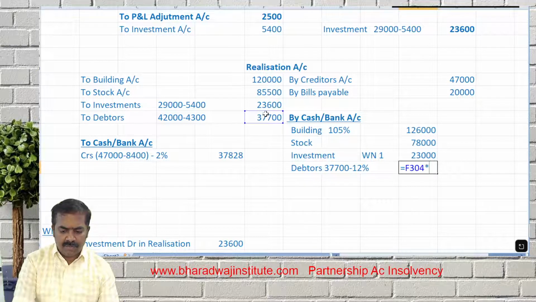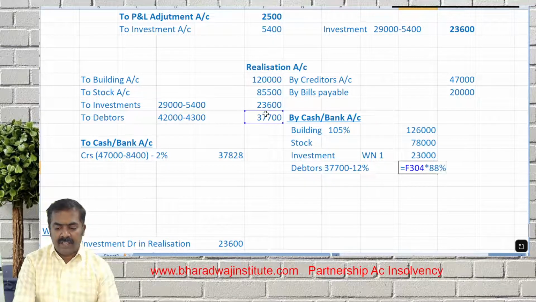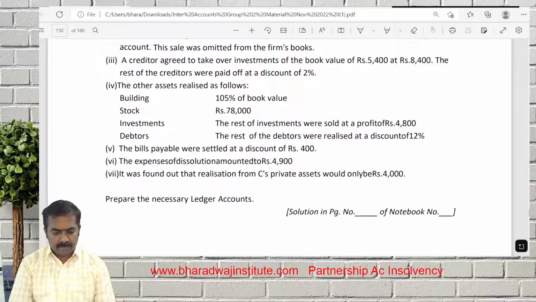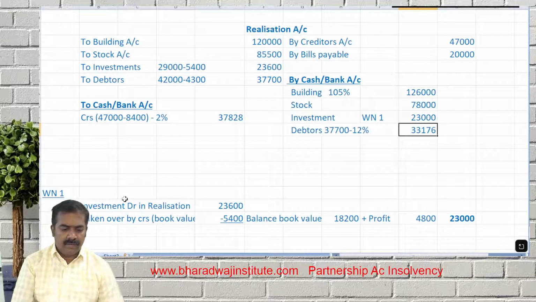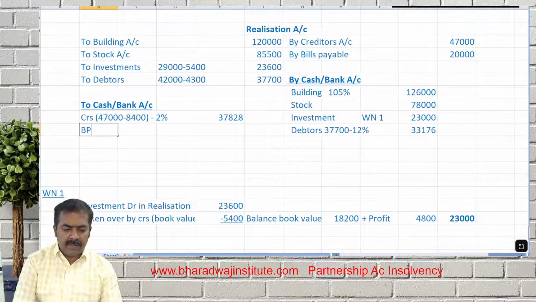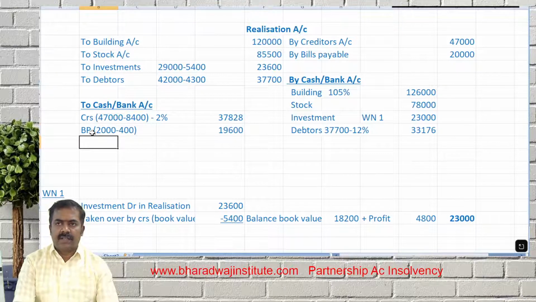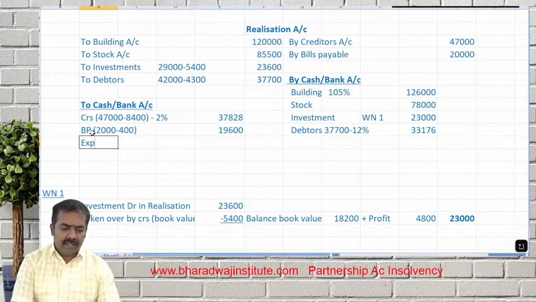That into minus 12%, 88% realized. Bills payable was settled at a discount of 400. 20,000 minus 400. How much will come? 19,600.